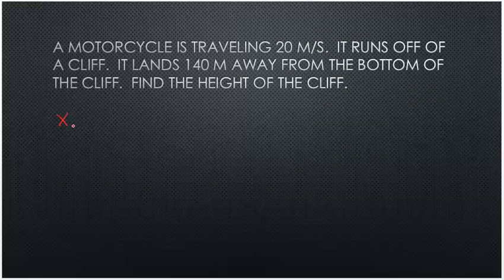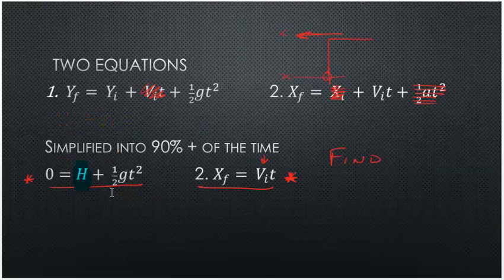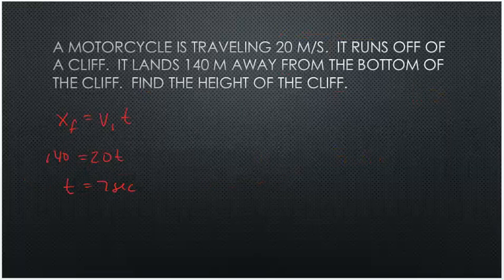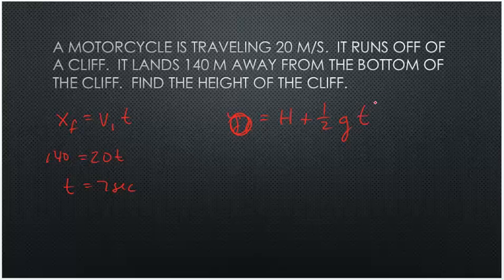So that is XF equals VIT. I'm doing this to find the time. The initial velocity is 20 meters per second. It lands 140 meters away. Time is 7 seconds. Now to find the height, I'm going to go into my other equation. YF equals the height, and actually it's 0, equals the height plus 1 half gt squared.